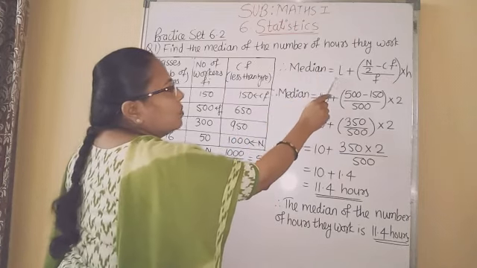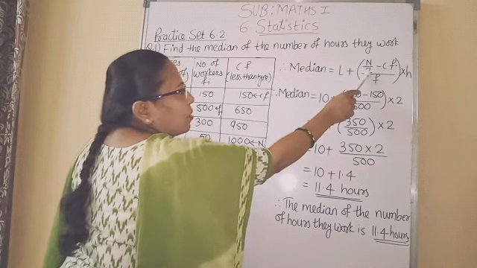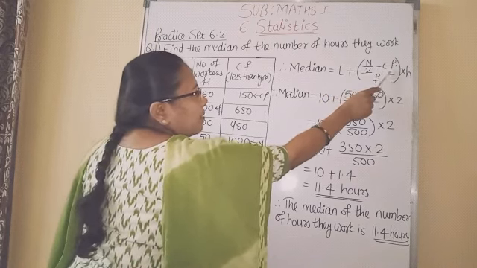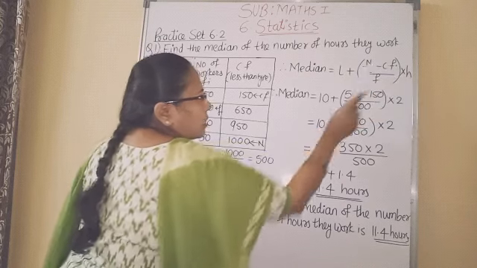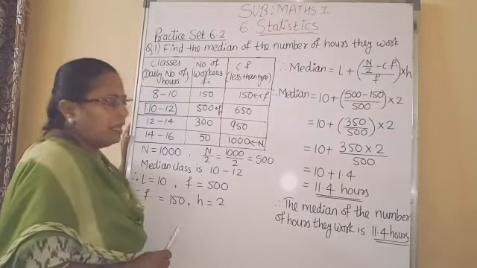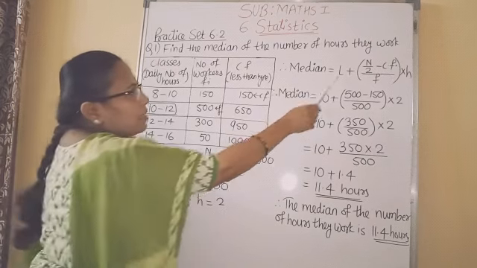Median is equal to L plus bracket n upon 2 minus CF upon F bracket close into H. Okay. Now all values we have with us, so substitute those values.